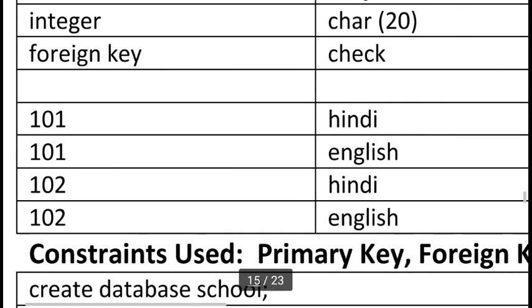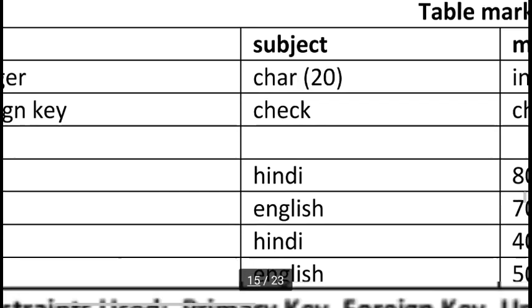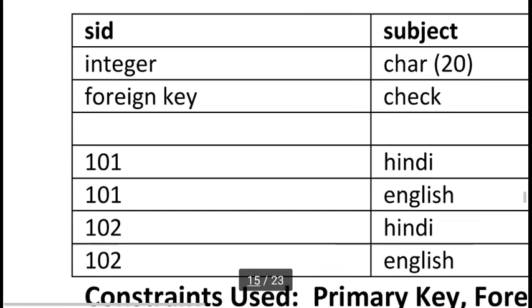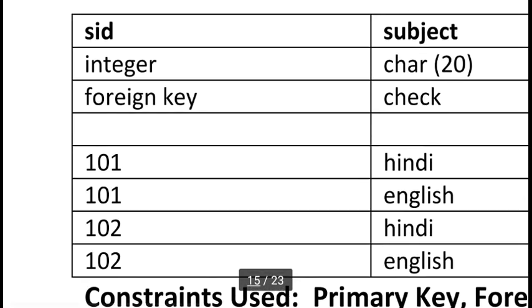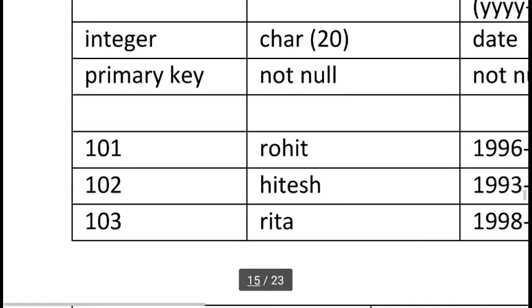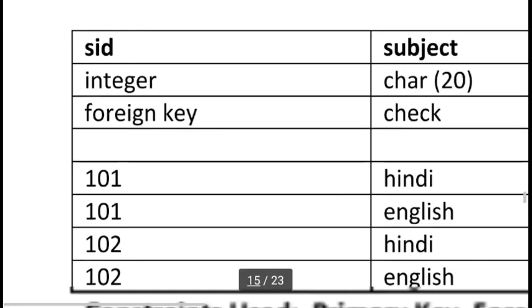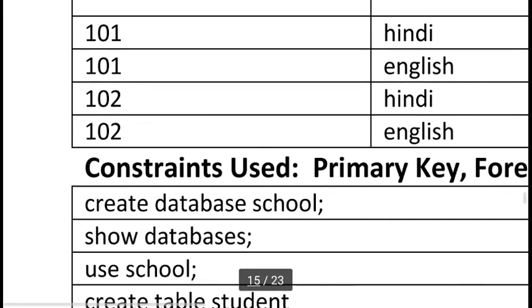But here we cannot use name and city again, because there is no need to repeat this data, since we use the foreign key concept. So I will connect this SID to the student table SID with the help of the primary key and foreign key concept, using the joining concept we will discuss.